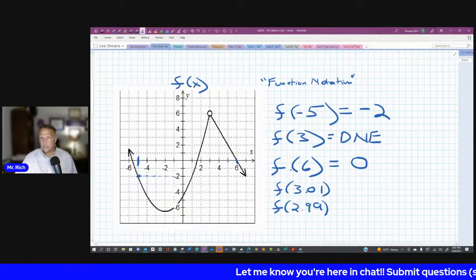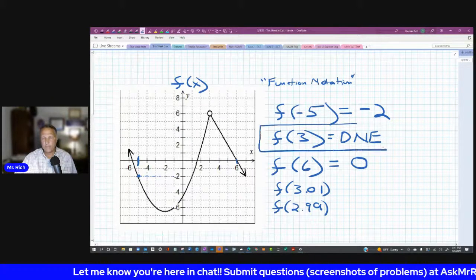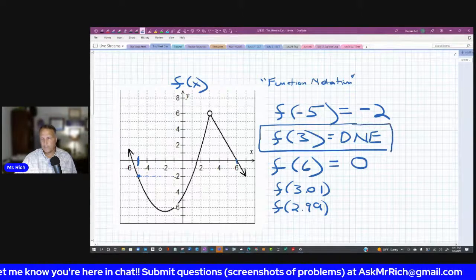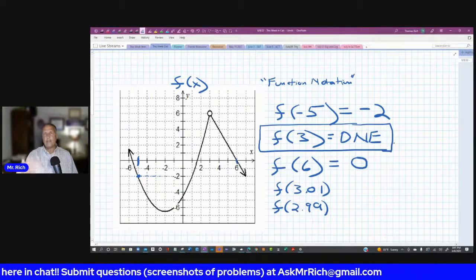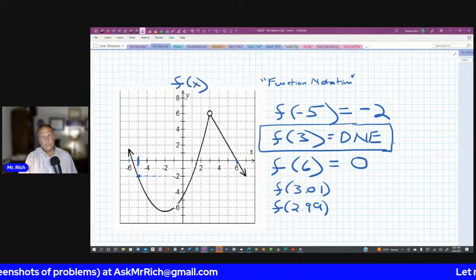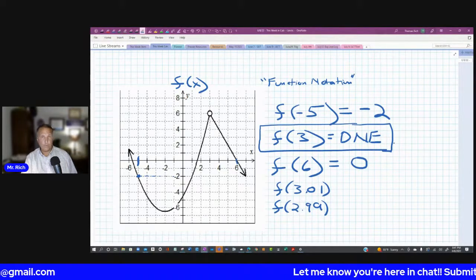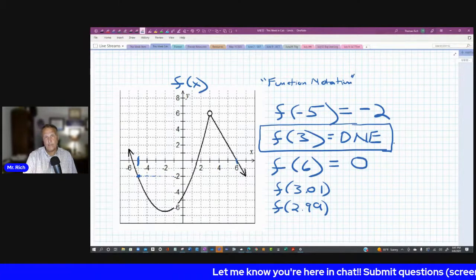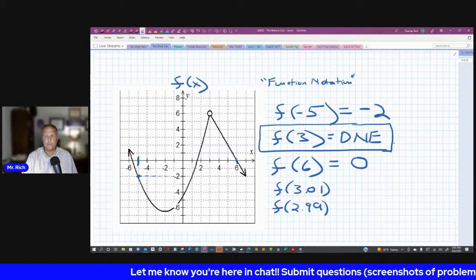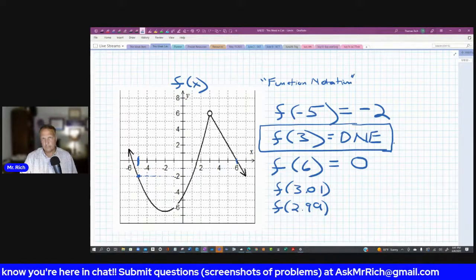This does not in and of itself, minus the graph, tell me much. The graph does give me some extra information. But if I tell you that a function doesn't exist at x equals 3, that doesn't really tell you what's going on very close to 3, like at 3.01 or at 2.99, because the only thing that function notation tells you is what's happening exactly at x equals 3.